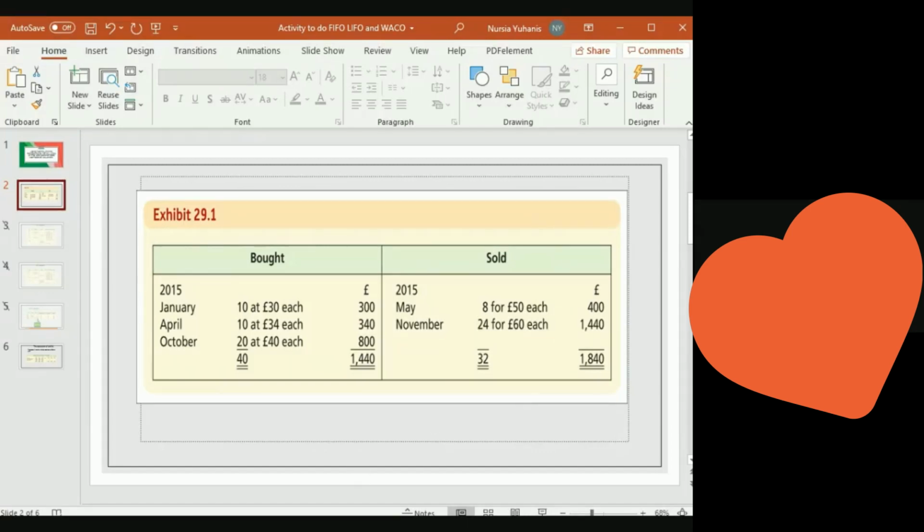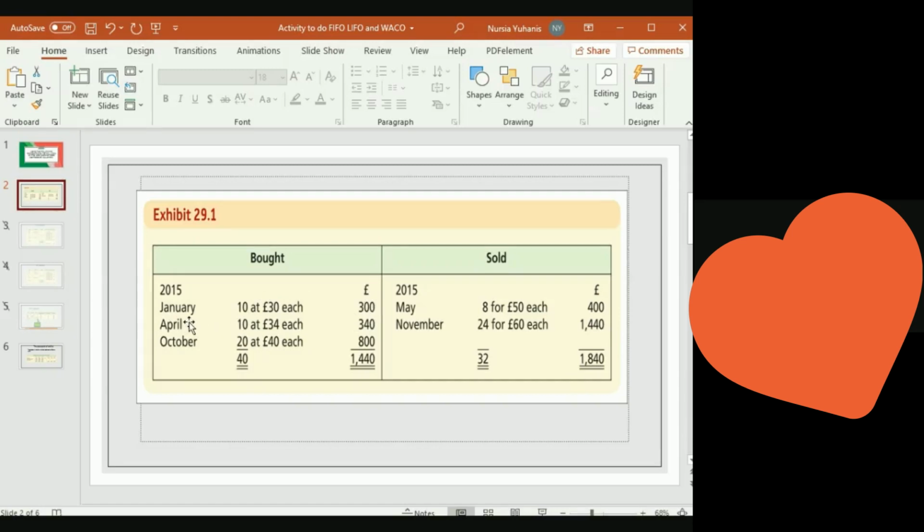All right, for this one, the year is 2015. Starting from January 2015, you bought 10 materials at $30 each. Each material costs you $30, so it will cost you a total of $300.